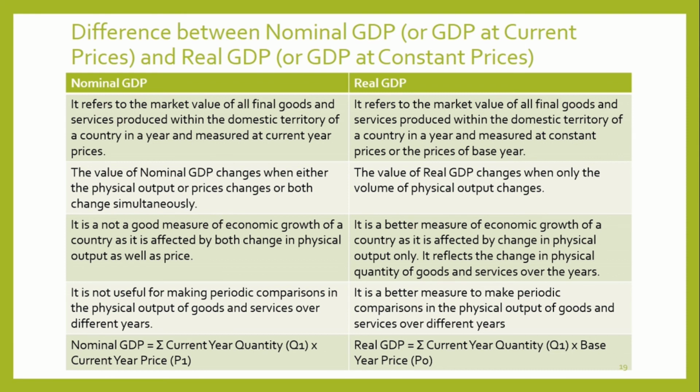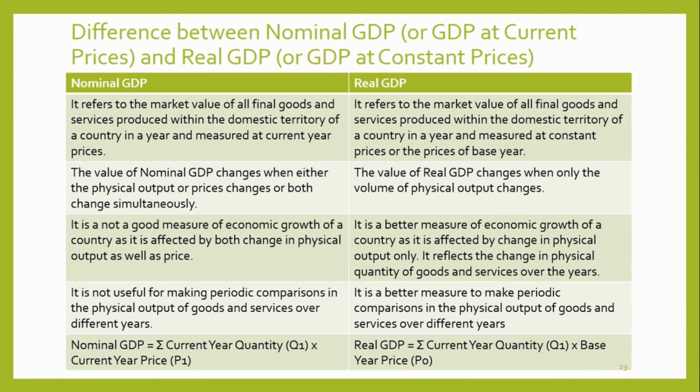The value of nominal GDP changes when either the physical output or prices change or both change simultaneously, whereas real GDP changes when only the volume of physical output changes.